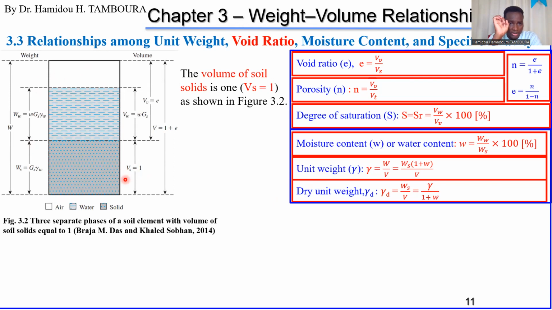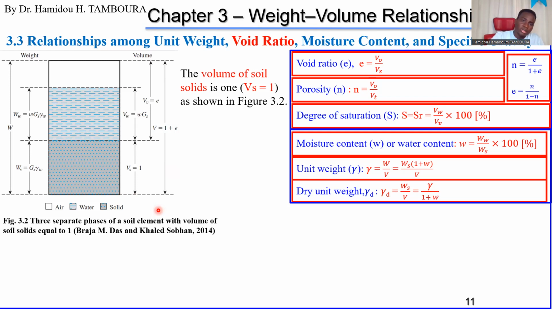If we take 1, it means we will consider that the volume of solid is, for example, 1 cubic meter. For 1 cubic meter of the volume of solid, what will be the volume of the air? What will be the volume of water? What will be the relationship between mass, weight, and volume?